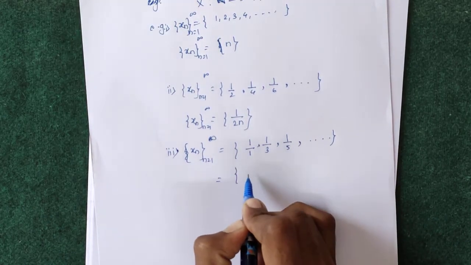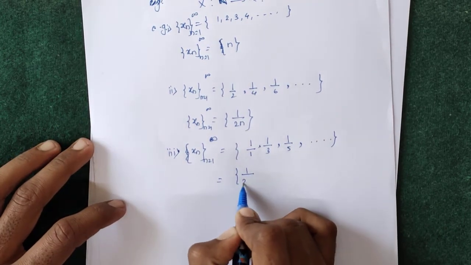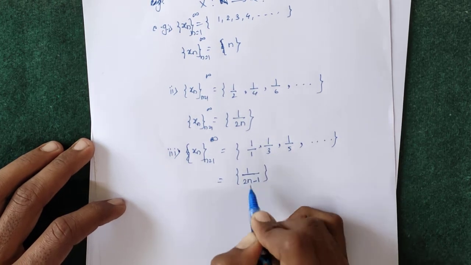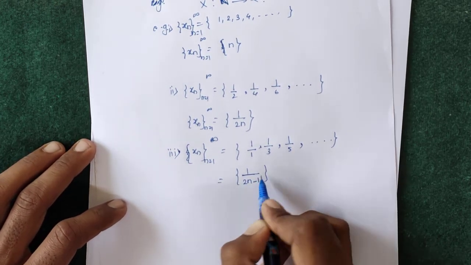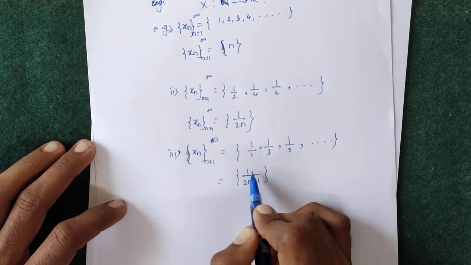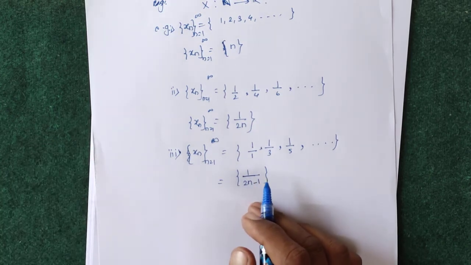So we can write this function as 1 upon 2n minus 1. If you put n equals 1, 2 minus 1 is 1, so 1. If you put n equals 2, 2 into 2 minus 1 is 3, so 1 by 3, then 1 by 5 and so on. These are some examples of sequences.